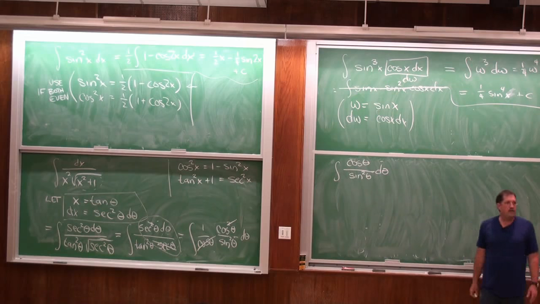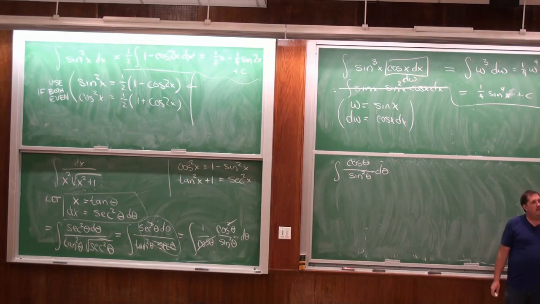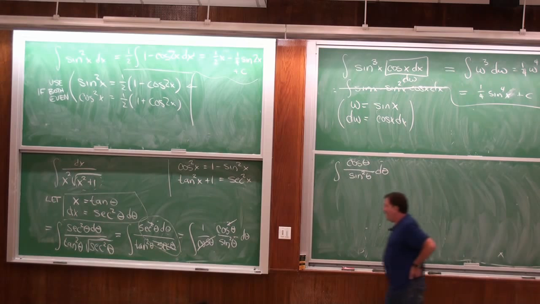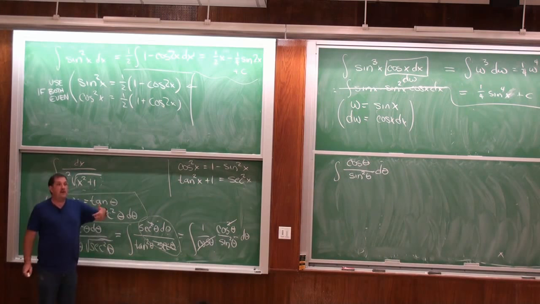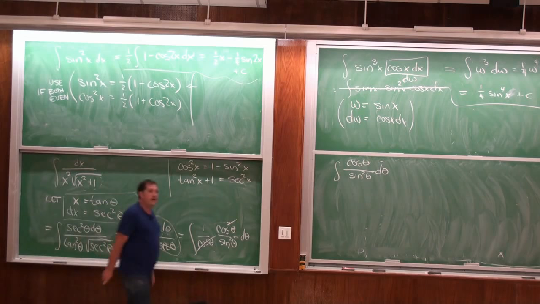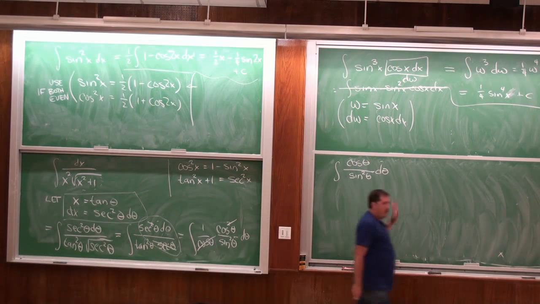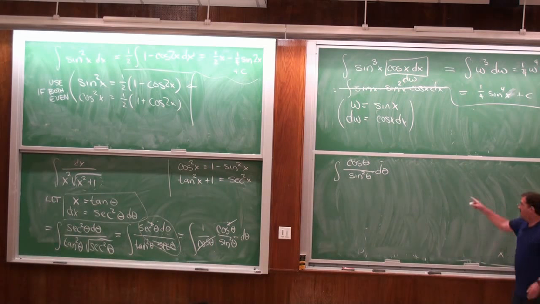Well, that's one we can do. It's on the bottom. So this is sine over cosine, but it's on the bottom, so I need cosine over sine when I bring it up. So after all of this mess, I get that.